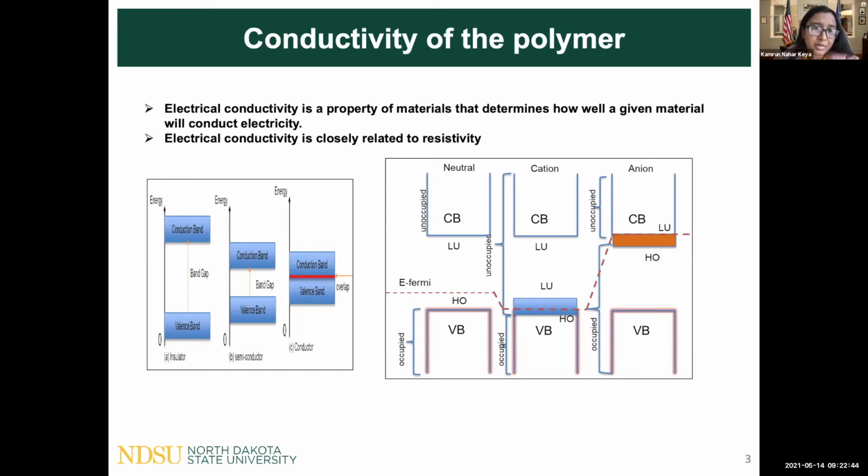So it now behaves like a conductive material. Then if we add some electrons inside the polymer, here polyacetylene, their HOMO goes up and overlaps with the LUMO, so it shows the conductivity of the material. Next slide.